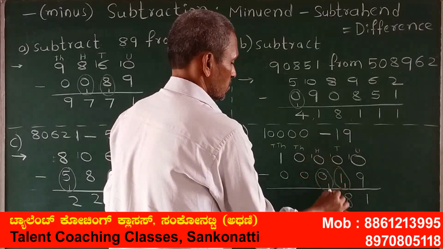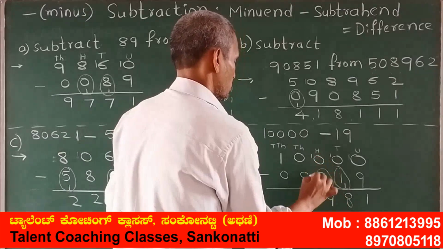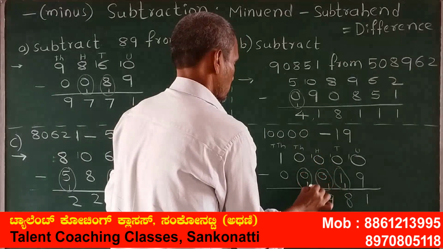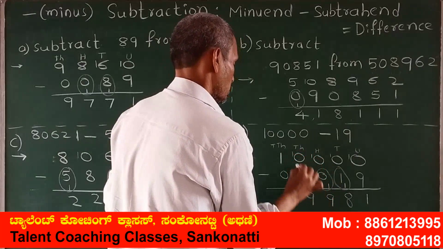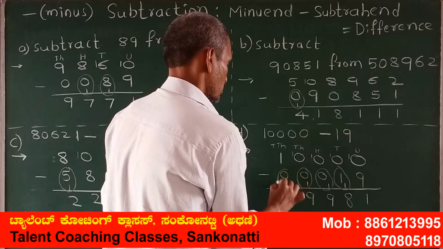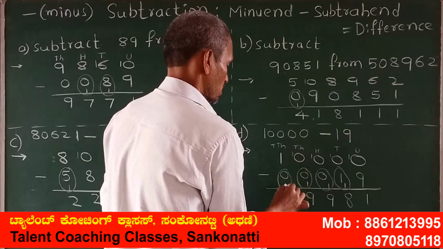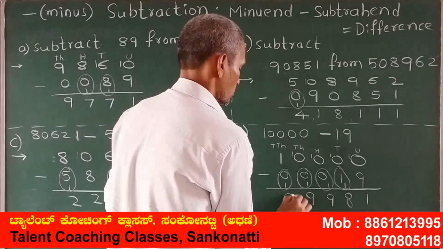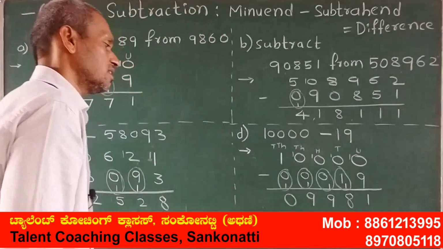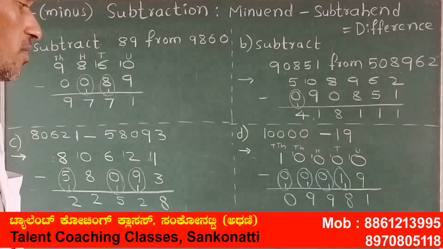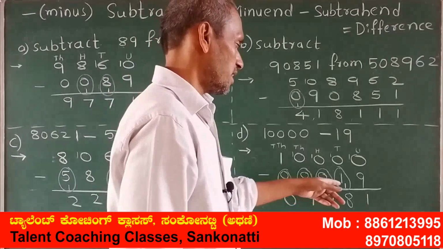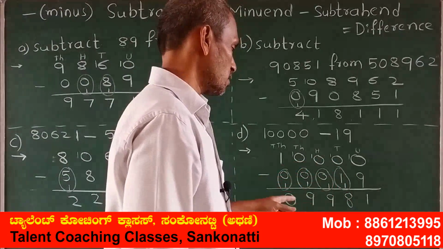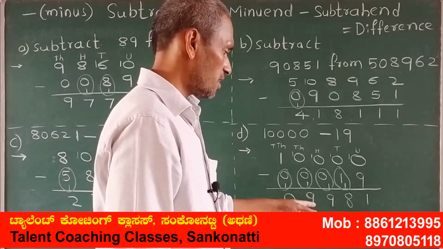This is 10. 10 minus 1 is 9. 10 minus 1 is 9. 1 minus 1 is 0. So 9,991 is the difference. If we subtract 19 from 10,000, we will get the difference as 9,991.